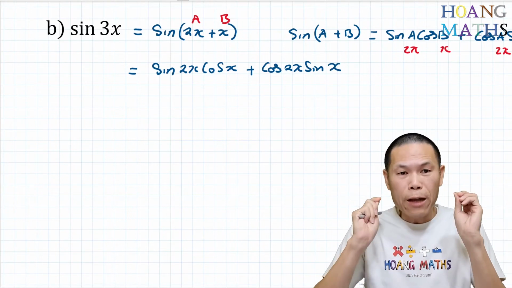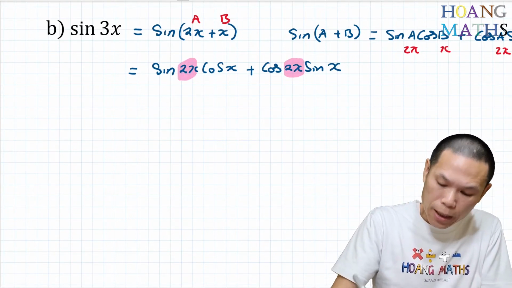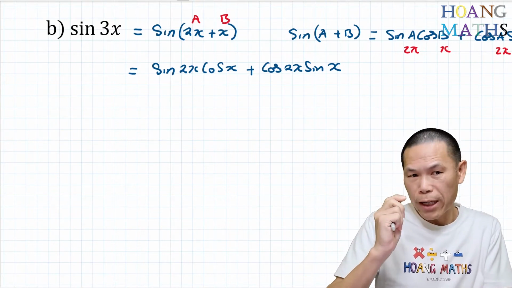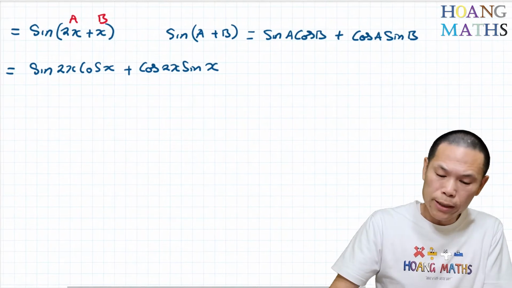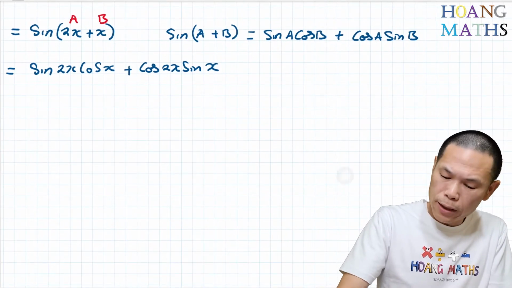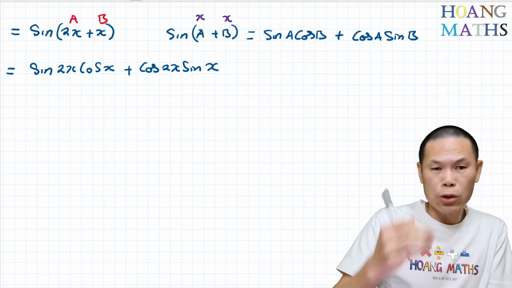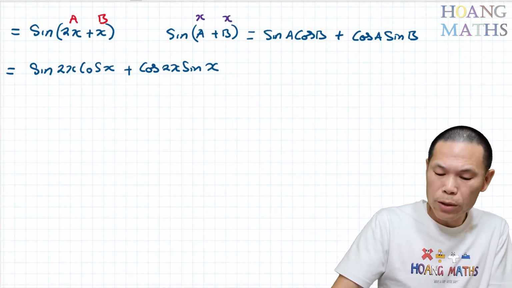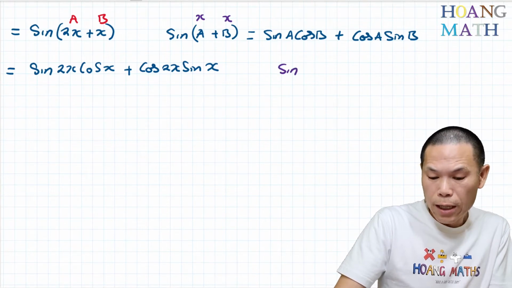There you go. But then we still have 2x here and here. But we need to write in terms of x, so therefore we need to expand further. So sine of 2x, so we know that a is x, and then b is also x, because x plus x is 2x. So let me just write this down here. So sine of 2x is sine of x plus x.